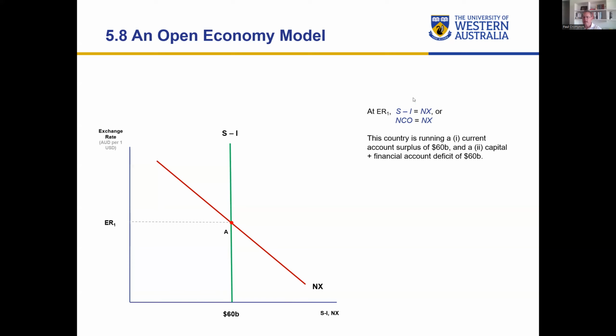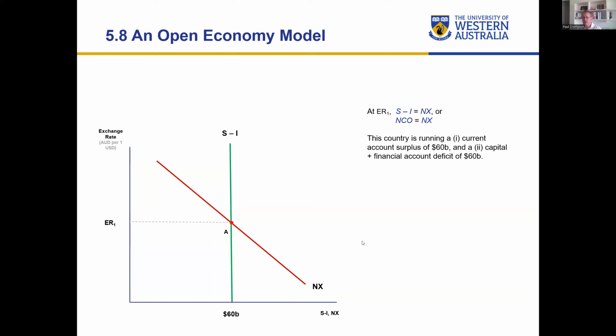At point A, S minus I equals NX. At the same time, NCO equals NX. Same thing, because we know S minus I equals net capital outflow. And so we would have 60 billion equals 60 billion, or in the line below, 60 billion equals 60 billion.